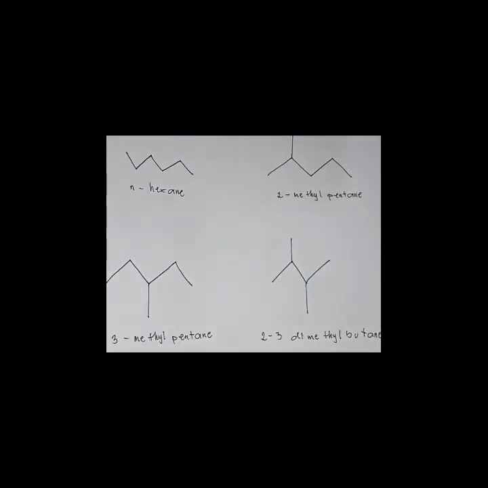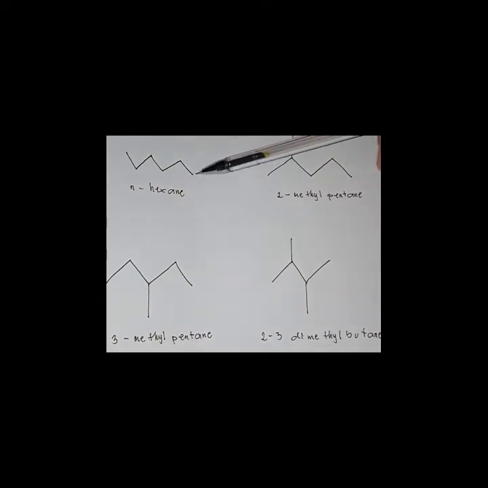For problem 2.4, draw structures for the 5 isomers of C6H14. C6H14 is hexane. So it has 5 structural isomers. The first structural isomer is this one.